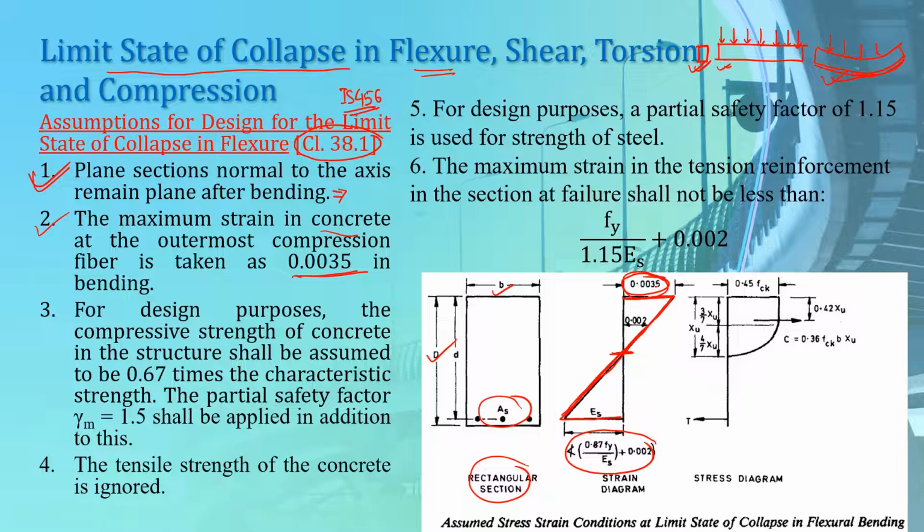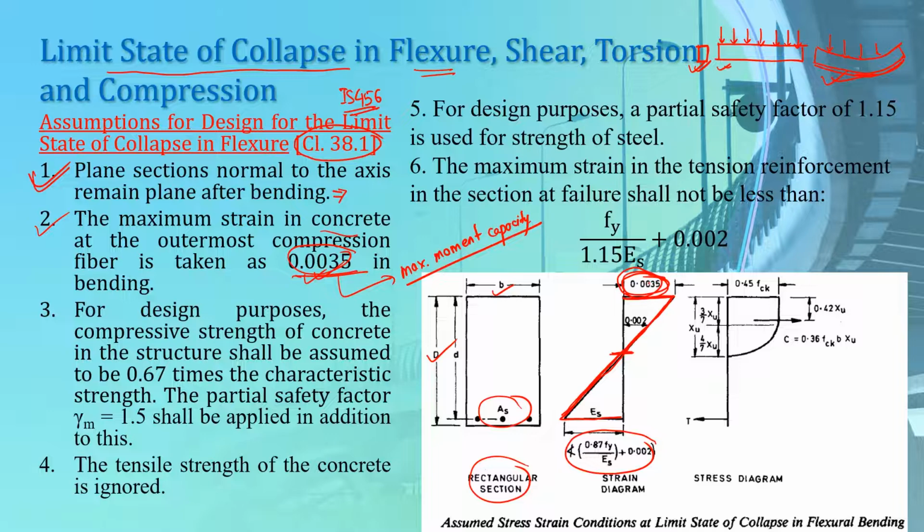So this is the value of strain which our reinforced concrete section assumes at the point of maximum moment. That means when the maximum moment carrying capacity of our reinforced concrete section is calculated, at that point of maximum capacity, the maximum strain at this compression fiber will be 0.0035.